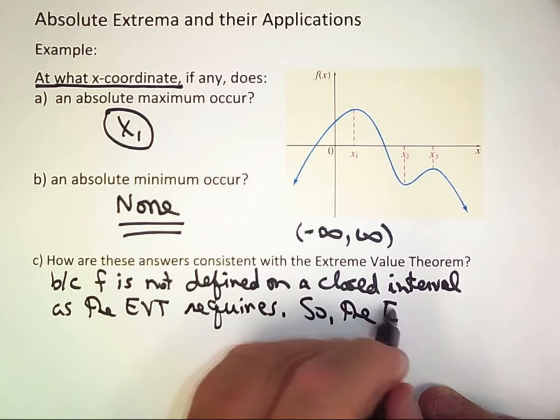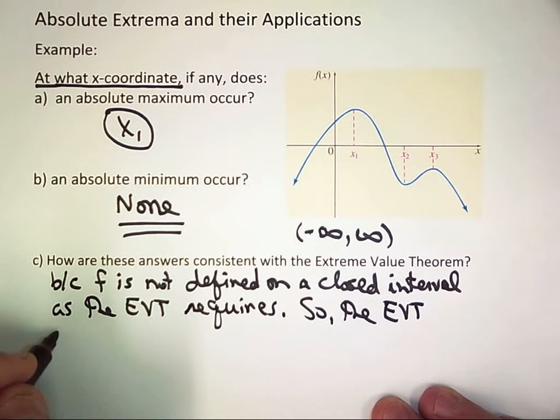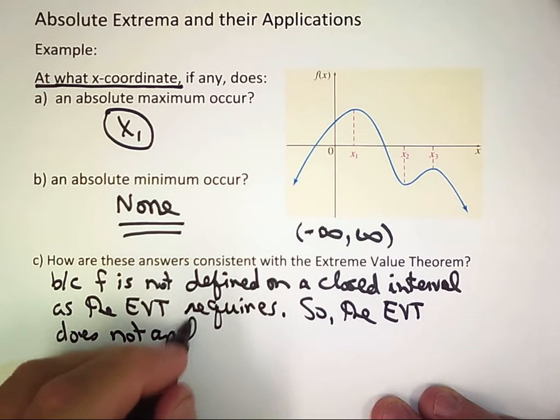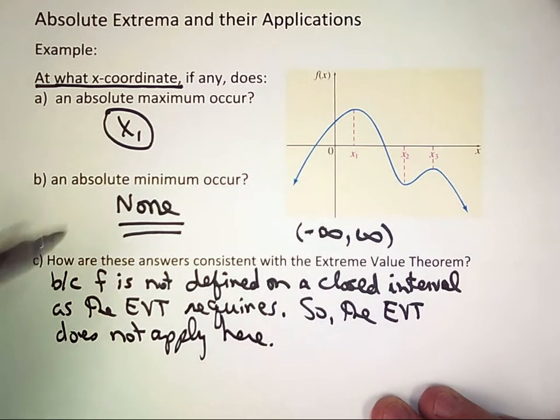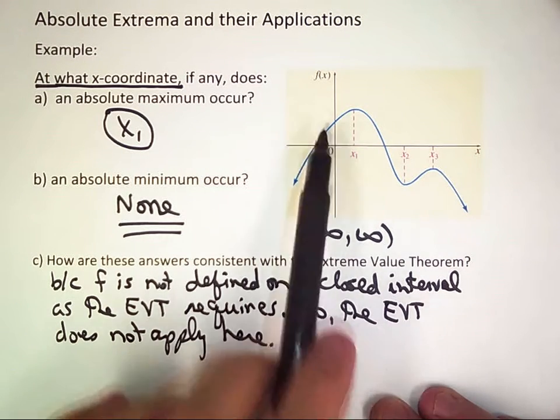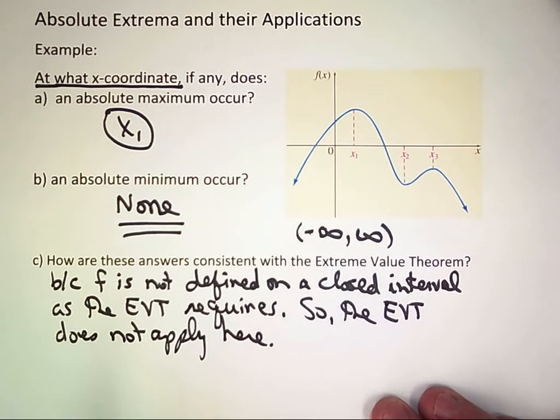Which means that the extreme value theorem doesn't apply. If it doesn't apply, you don't have to have one of each. So it's that simple. The extreme value theorem requires continuity, which we have, but it also requires closed interval, which we don't have.